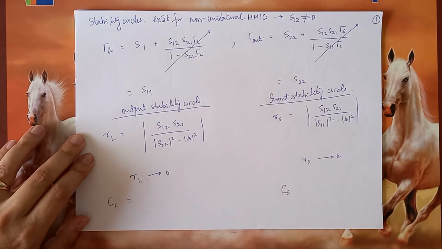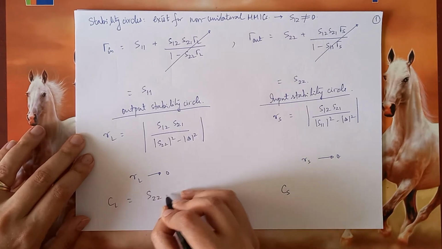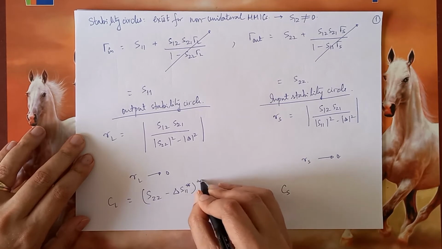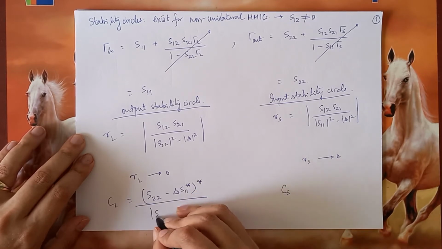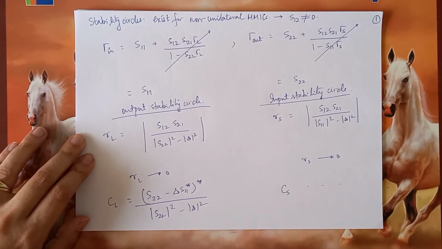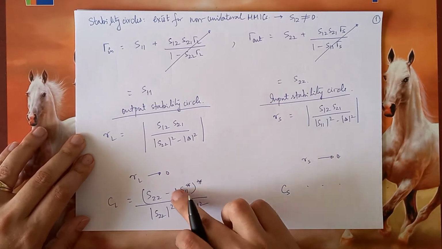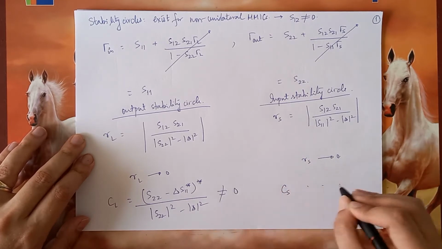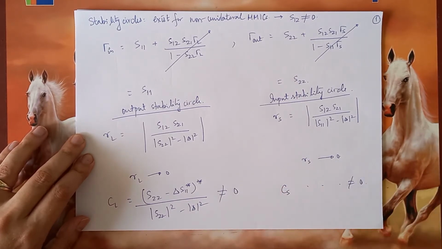I'll just quickly write the expression. For CL, it is S22 minus delta times S11 conjugate, the whole conjugate, divided by this, and similarly for CS. Now S12 will affect the delta values, but it will never make them 0. So CL is non-zero and CS is also non-zero.